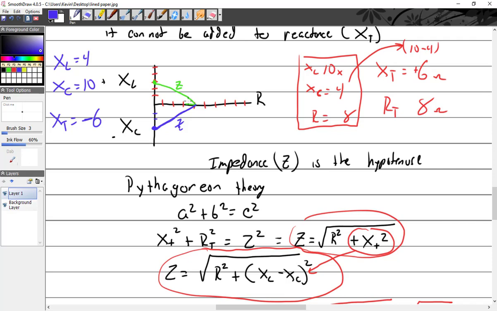Now there's an angle that is created right here, this angle between R and Z. That's an important angle. All right? And so I want you to imagine, if Harold is doing his job really well, and x of L and x of C are the same, then what is xt?